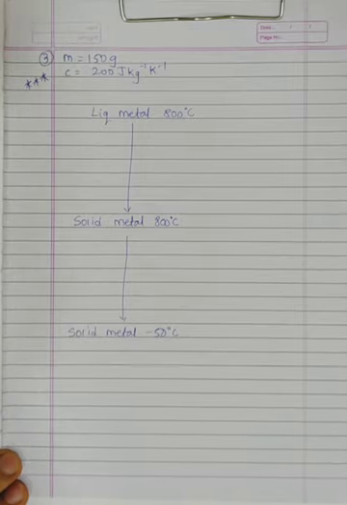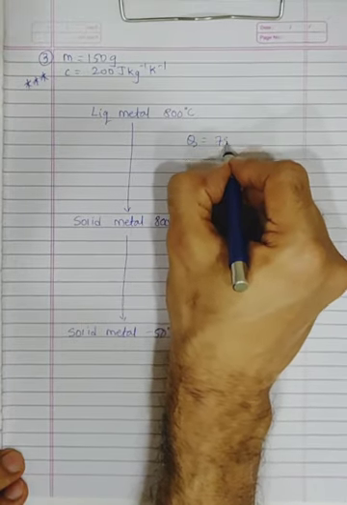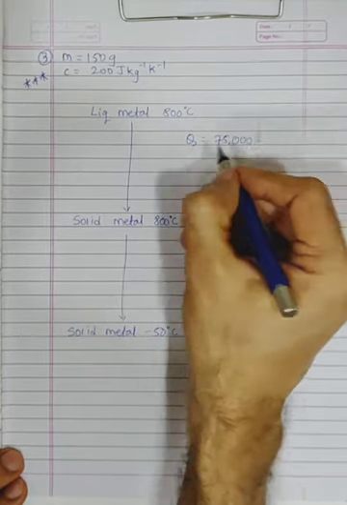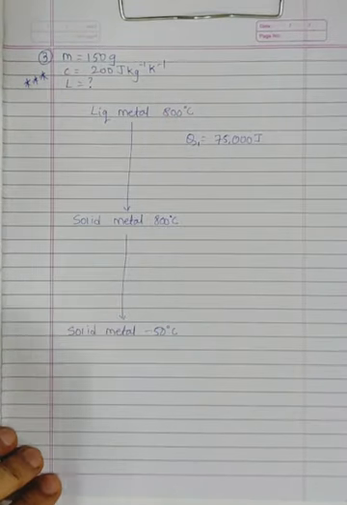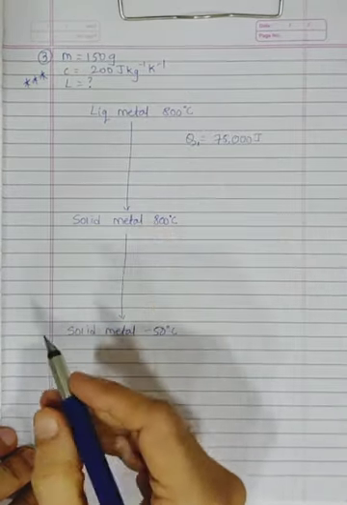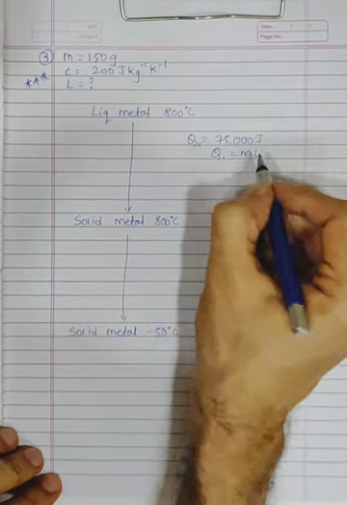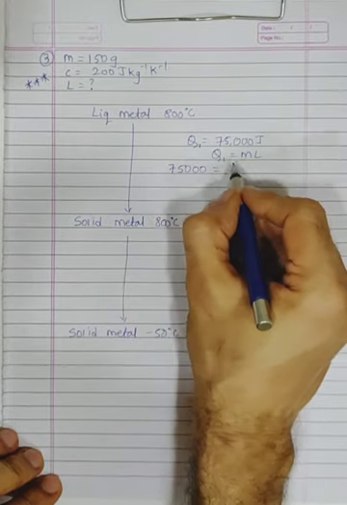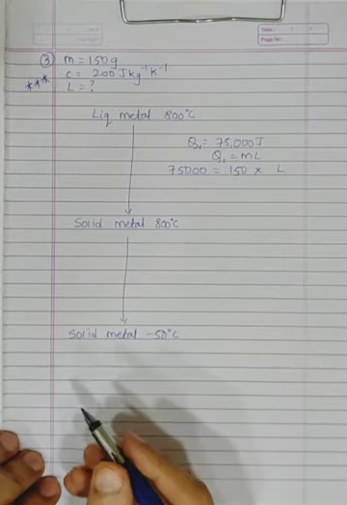Now the first part, they said that the heat which it gave out was 75,000 joule when it was freezing, and you are asked to find the latent heat. Now how do you find latent heat here? When liquid metal converts to solid metal, what formula are we going to use? Q1 is equal to mL. Q1 is 75,000, mass is 150, and L we do not know.